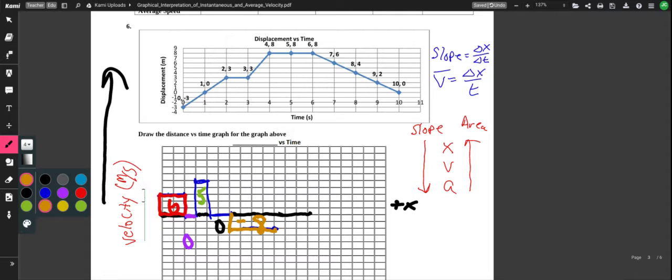So to connect that and draw the displacement time graph, we would start off by finding our start point. In this case, it is -3. Most of the problems that we will do, our start location is going to be 0. But in this case, our initial position is -3.